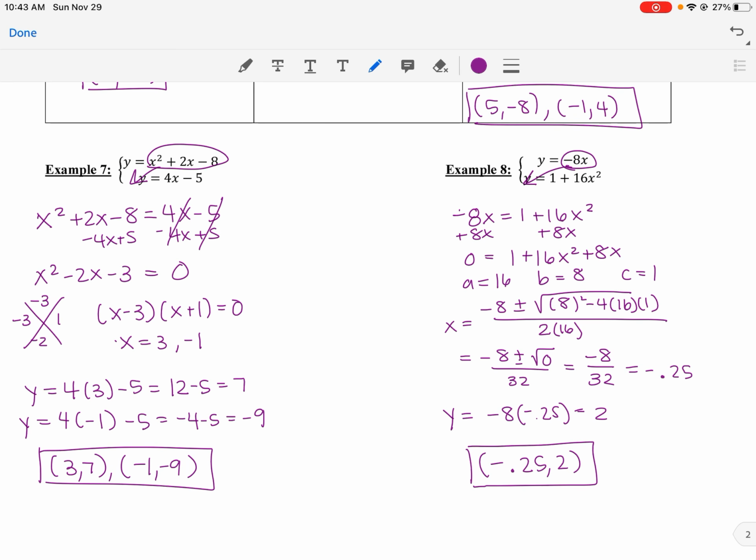If you ever want to check your work, you can always plug it into the second equation. Remember, y equals 1 plus 16 times negative 0.25 squared. Then you can type that into your calculator and double check: when I type that in, I end up getting 2, which is what I expected, so it does work.